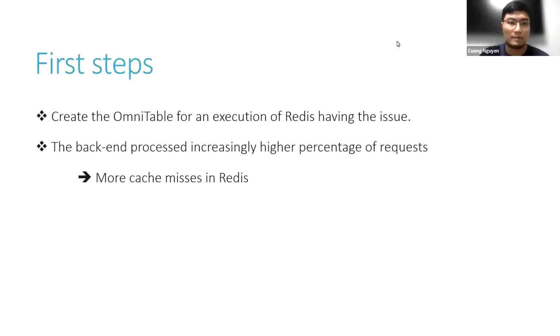From the symptom where the backend starts to process an increasingly higher percentage of the requests, we can deduce that there are more cache misses in Redis. So the first question to ask is, was the working set size increasing over time?